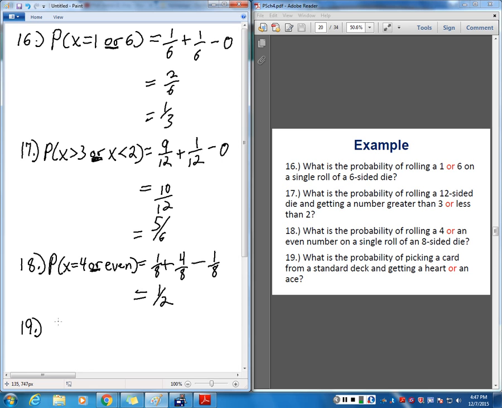Number 19, probability of picking a card from a standard deck and getting a heart or an ace. So probability of a heart or an ace. How many hearts are there in a standard deck? That's 13 out of 52.